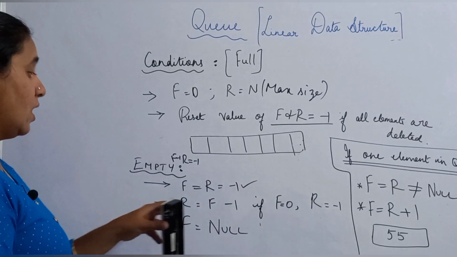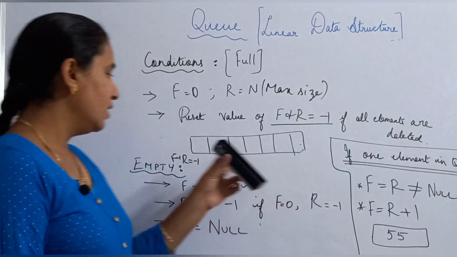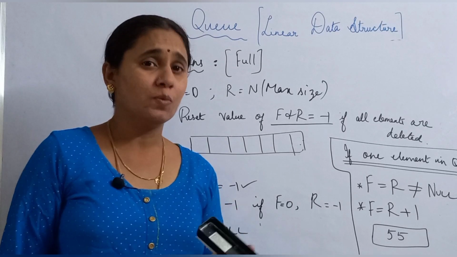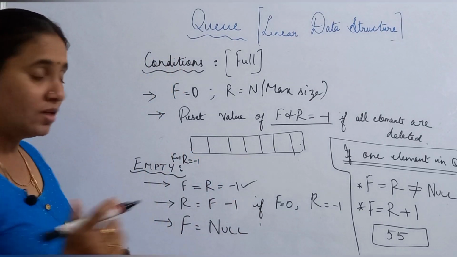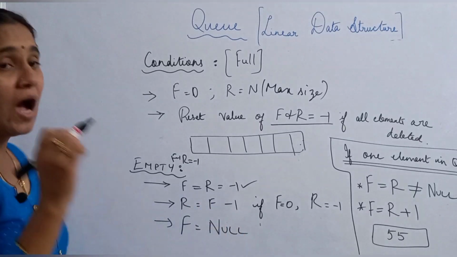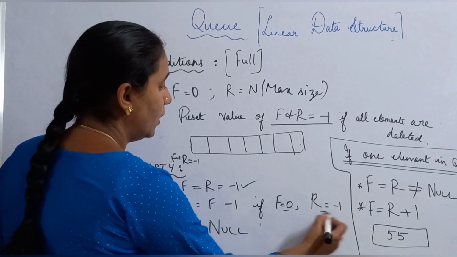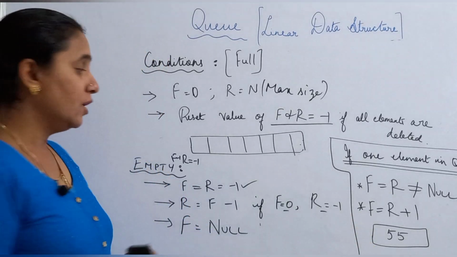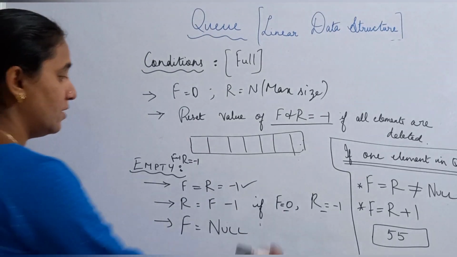Next, r is equal to f minus 1. They may ask, if q is empty, what is the value of the r pointer? If they ask like this, they will give some choices. One of the choices will be r is equal to f minus 1, if f equal to 0 and r equal to -1. If you substitute this, you will get the above answer. What is the f value?